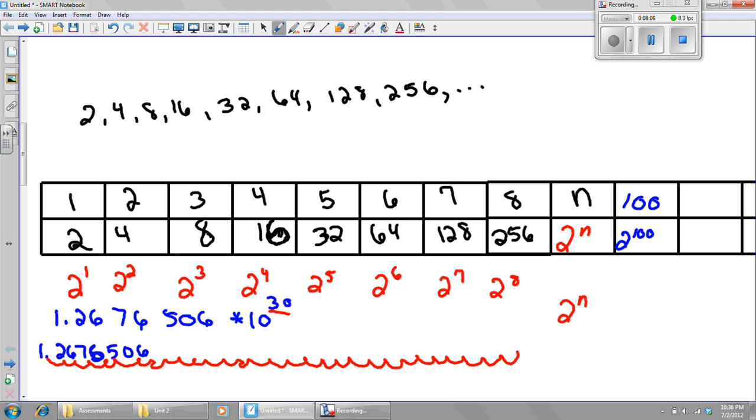I have to put zeros in all of those little scoopies, and I don't think I want to draw them all. So I'm going to try this.